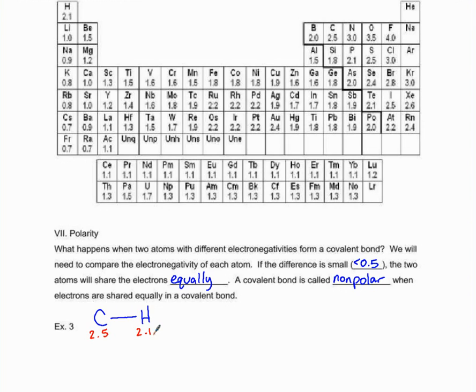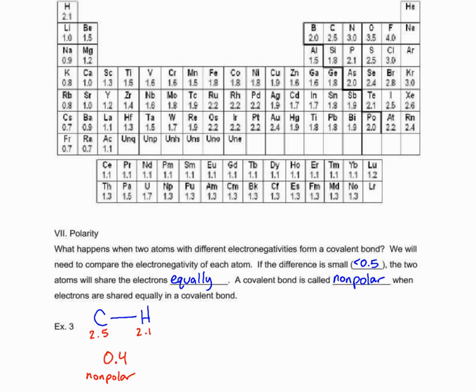And we look at the difference between them. The difference between 2.5 and 2.1 is 0.4. And that would be less than 0.5. So we could classify this particular bond between carbon and hydrogen as nonpolar.